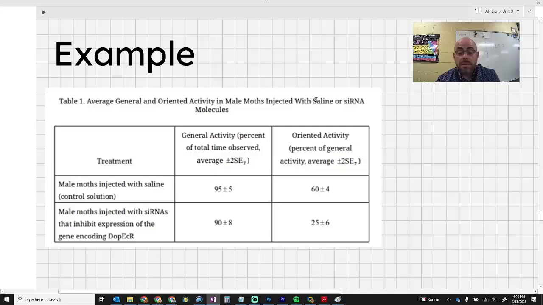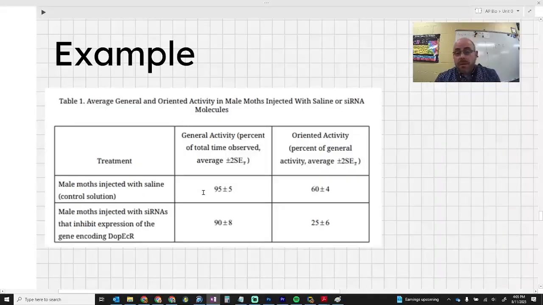We're comparing the two, and each one has a general and an oriented activity. What is our basis for comparison? What is the thing that we're manipulating? We're manipulating the saline and the siRNA. And what are we measuring? We're measuring their general and oriented activity.